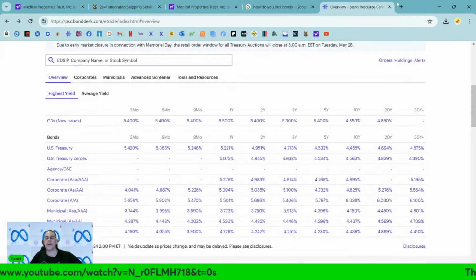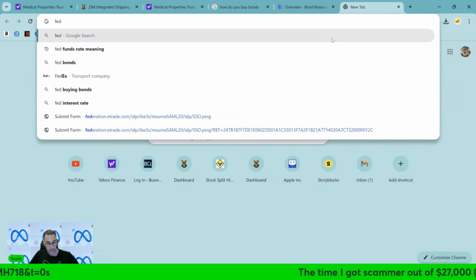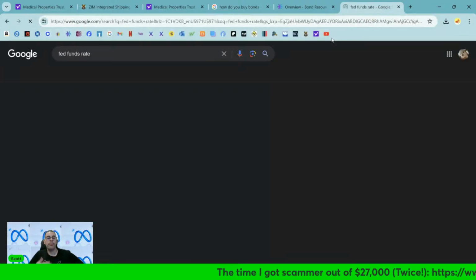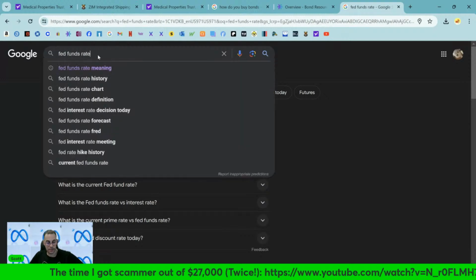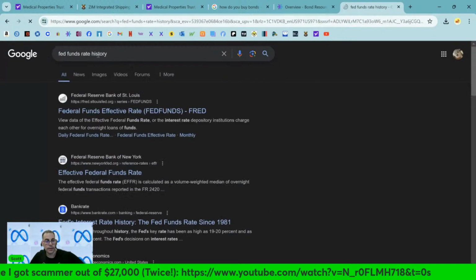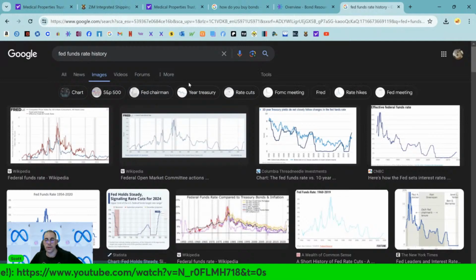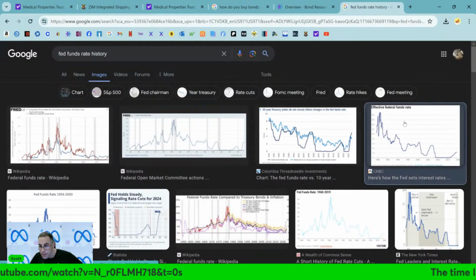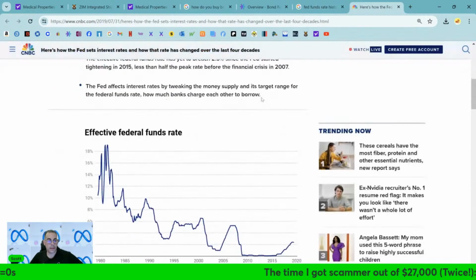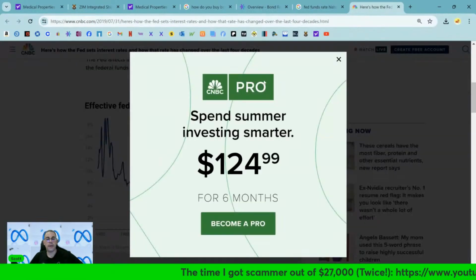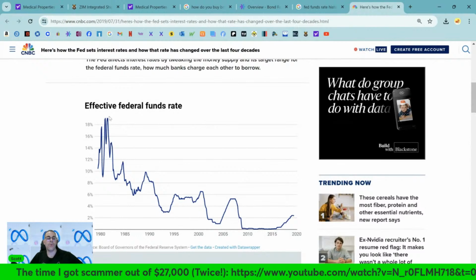There was a time in the 80s when U.S. Treasury bonds were yielding like 15%, maybe not 15%, maybe like 12, 13%. Look at that. The Fed funds rate was over 18%.